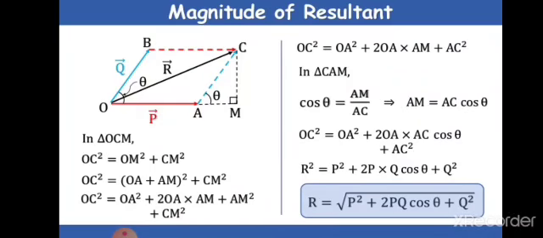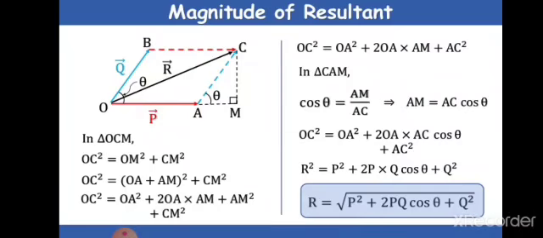OM can be written as OA plus AM. OA plus AM whole square is in the form of A plus B whole square, A square plus B square plus 2AB, and we apply that formula. Now OC square is equal to OA square plus 2OA into AM plus AM square plus CM square.